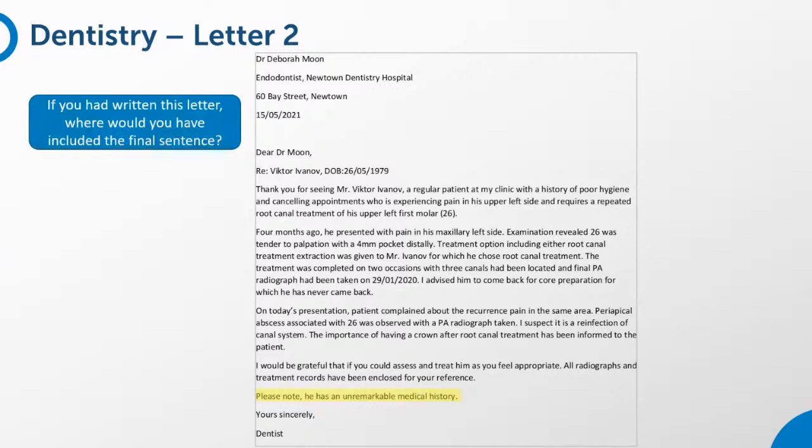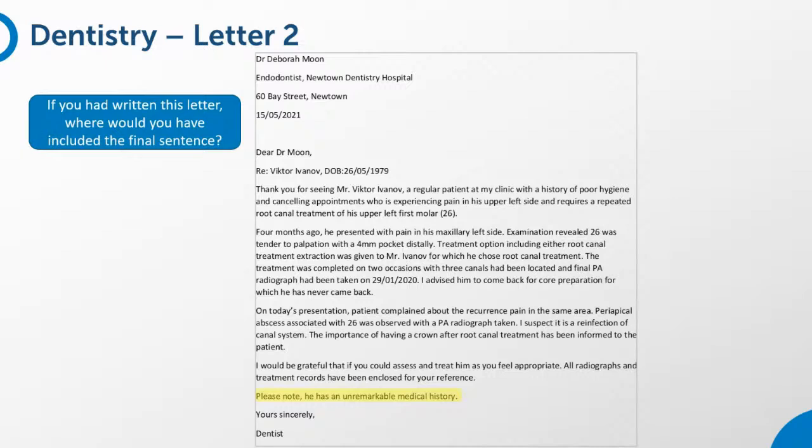My suggestion is that you could have included it within one of the other paragraphs. So we've got 4 other paragraphs to choose from. Where do you think would be the best location for this sentence to avoid it ending up by itself at the end of the letter? Because remember, the final sentence is the last thing that the reader has in their mind as they put your letter down.